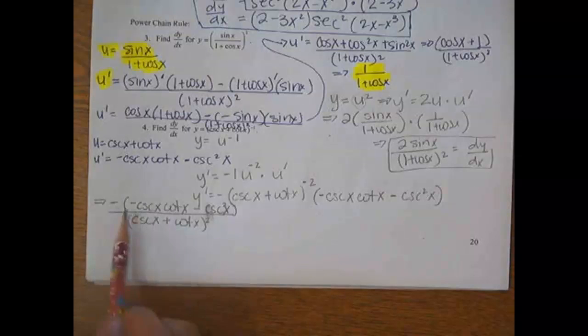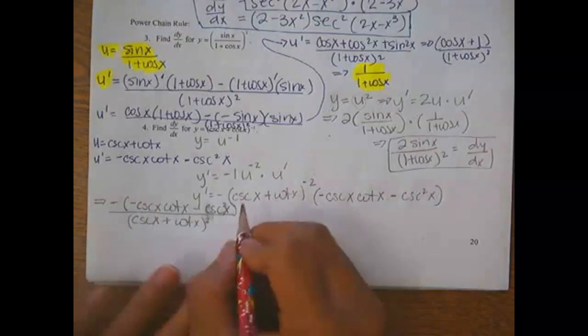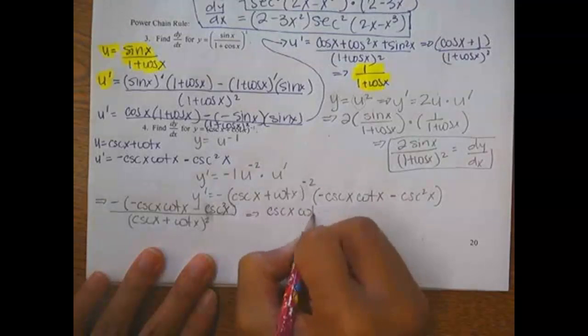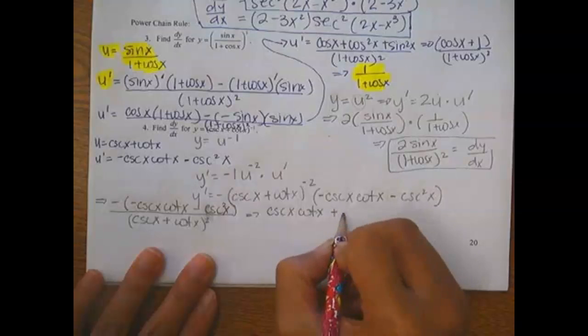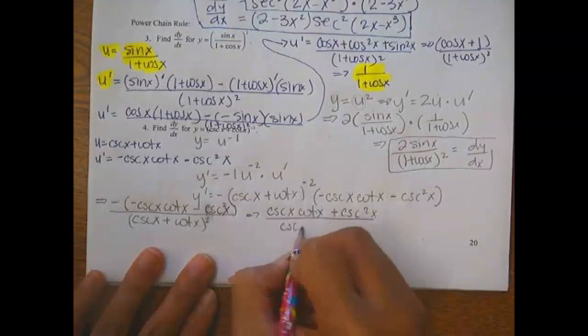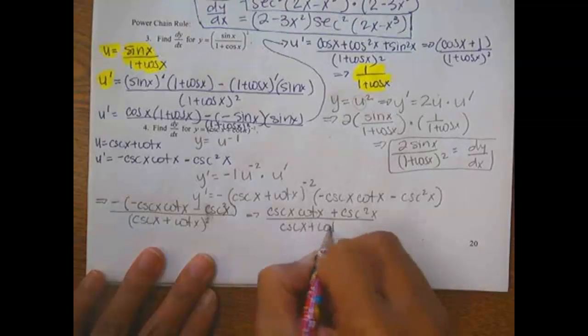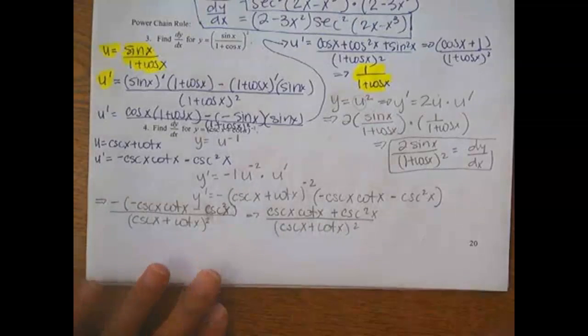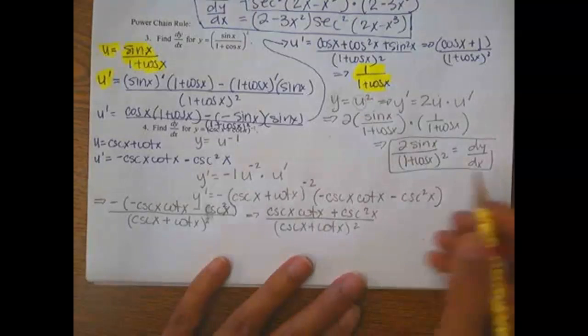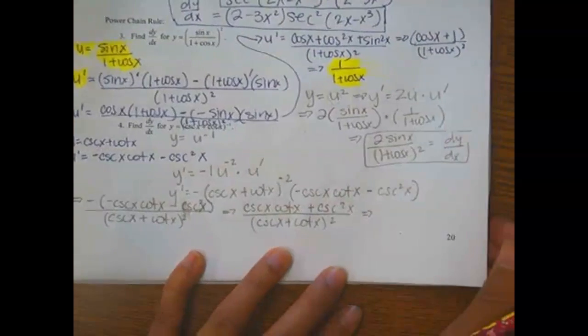And then from here, I can distribute the negative through. So we're going to go positive cosecant of x, cotangent of x, plus cosecant squared of x, all over cosecant of x plus cotangent of x, and I have twice of that. So notice how we have cosecant of x and cotangent of x on the top and on the bottom. So you might want to see if things can be reduced.